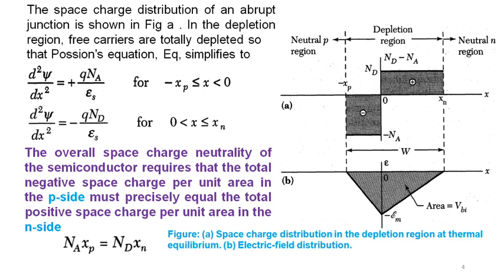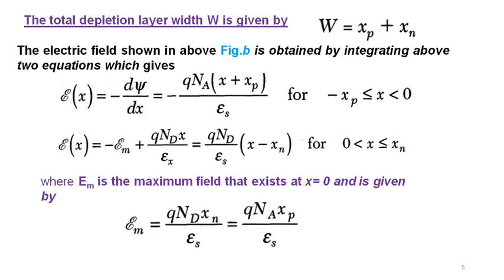Then the width of the depletion region, W, is nothing but xp plus xn. We will go to the next slide. The total depletion layer width is W equals xp plus xn.